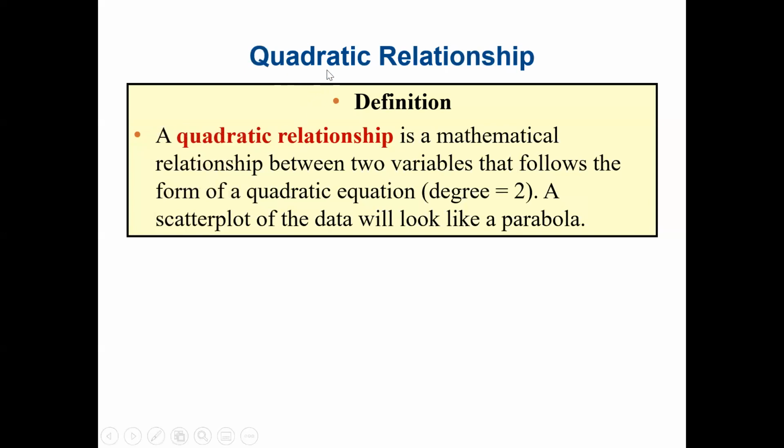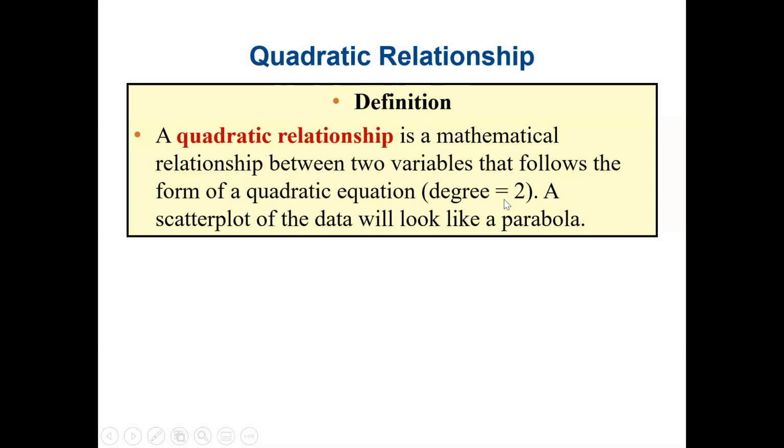Next, we have what we call the quadratic relationship. Here, a quadratic relationship is a mathematical relationship between two variables that follows the form of a quadratic equation. This is a non-linear relationship. With quadratic, the degree of the equation is 2.